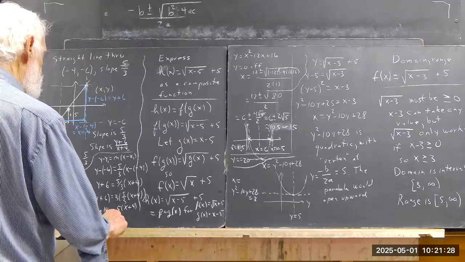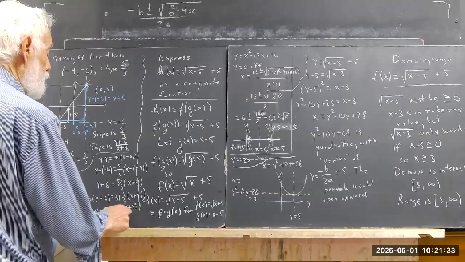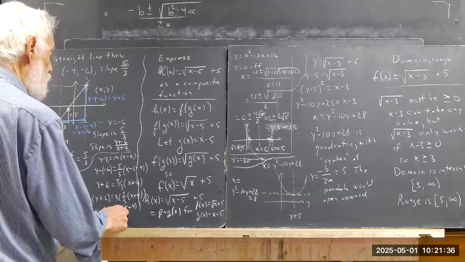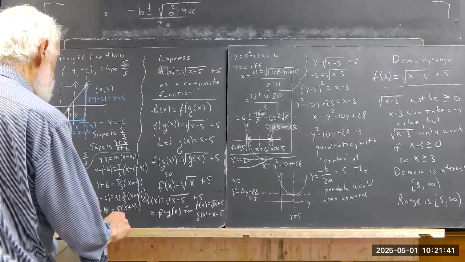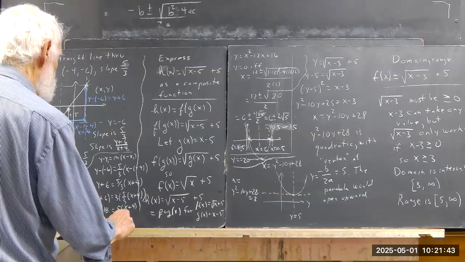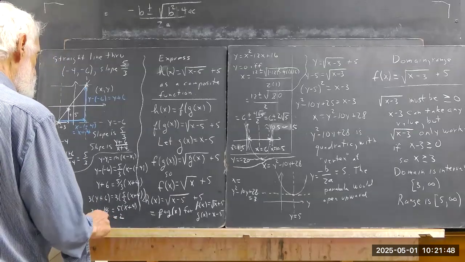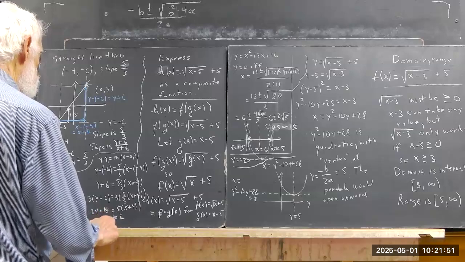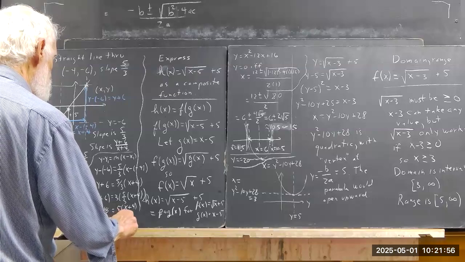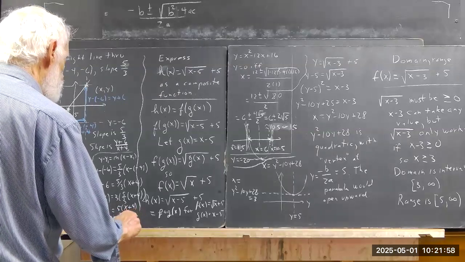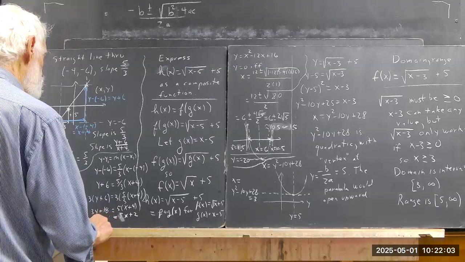Well, I'm out of room, but we can easily solve this for y. Now we distribute the 5 through the x plus 4, we get 5x plus 20. Then we subtract 18 from both sides, and we get 5x plus 2 on this side.